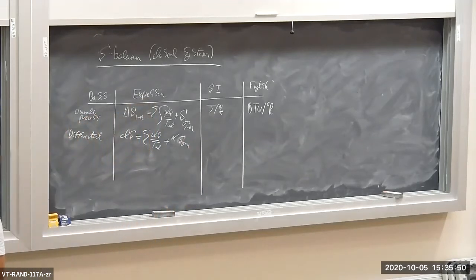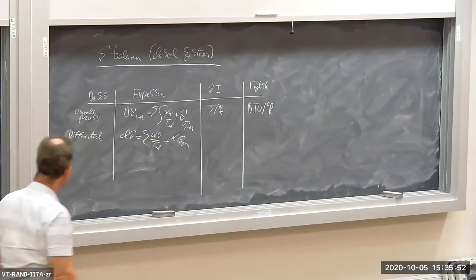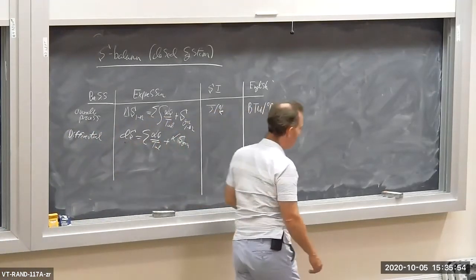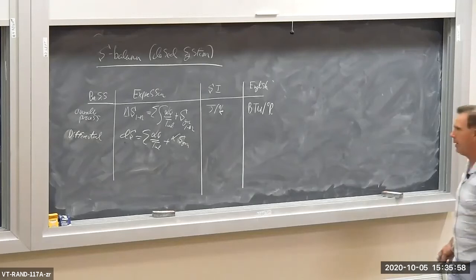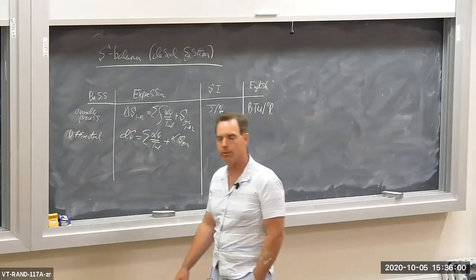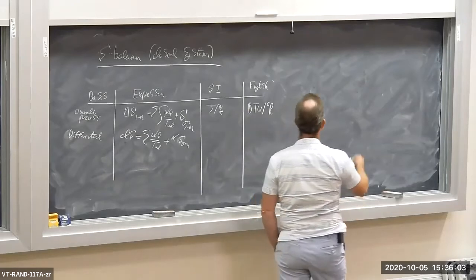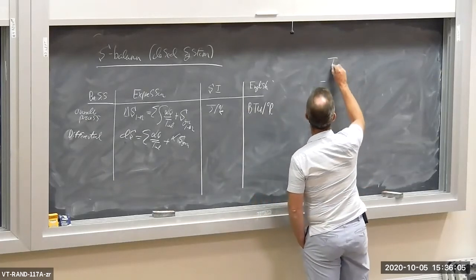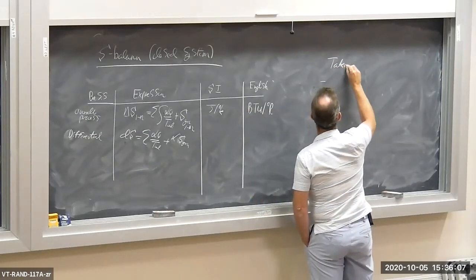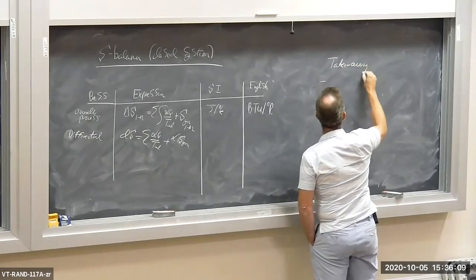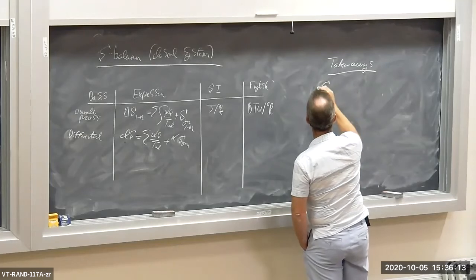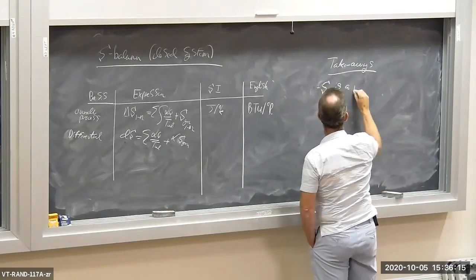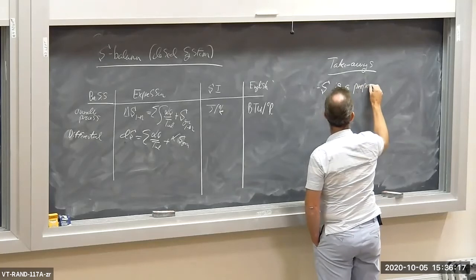Now I want to point out something here on the notation. There's a D here on the dS because S is a property. Entropy is a property. In fact, I'm going to write that right over here. Takeaways.